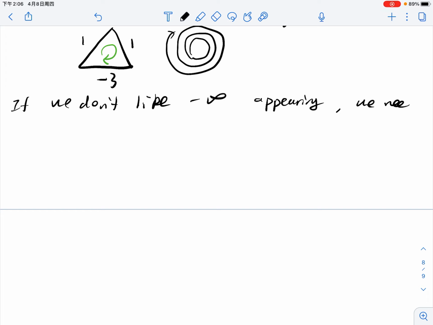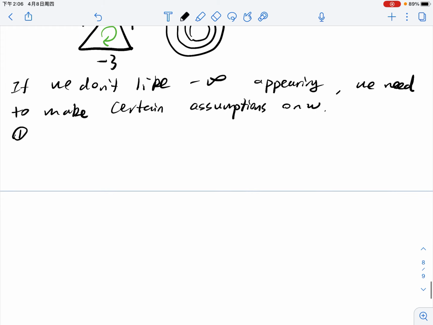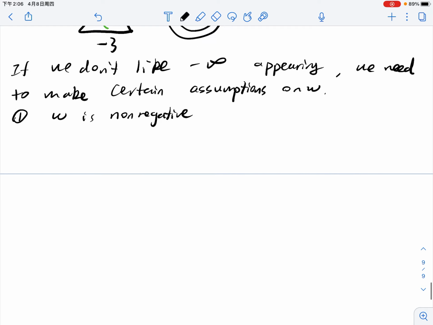Okay, then if we don't like infinity, negative infinity, or negative numbers appearing, we need to make certain assumptions on omega. So first, if we assume omega is non-negative, then there is no such question anymore.